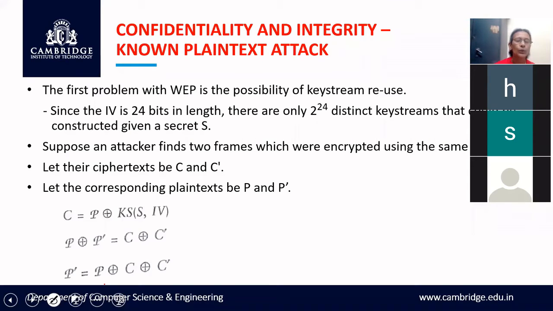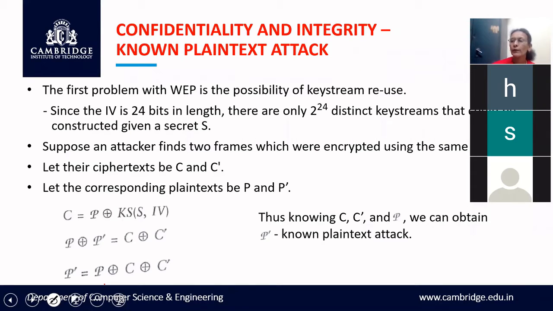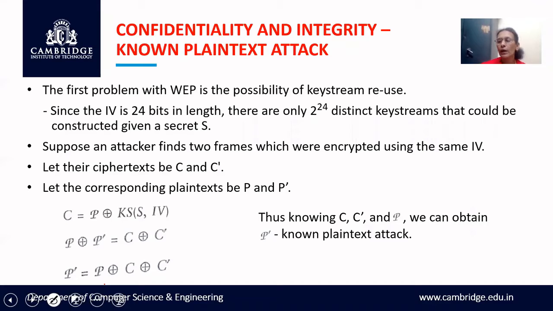So, knowing C, C dash and P, we can obtain P dash. P dash is P XORed with C XORed with C dash.